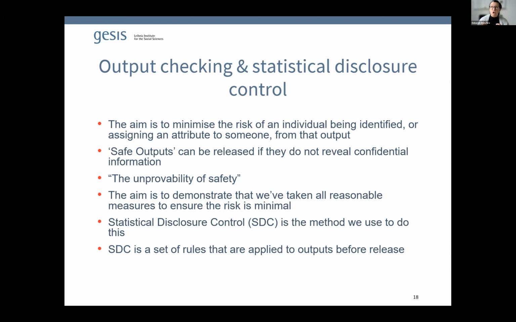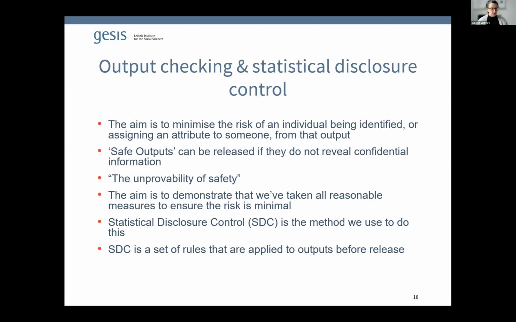We know that statistically, there is a risk that somebody in the survey could be identified through those published results. The risk is minimal, we know that, but it's not 0. So the aim here is to minimize that risk. What we term a safe output is one that we're confident doesn't reveal any confidential information about someone.